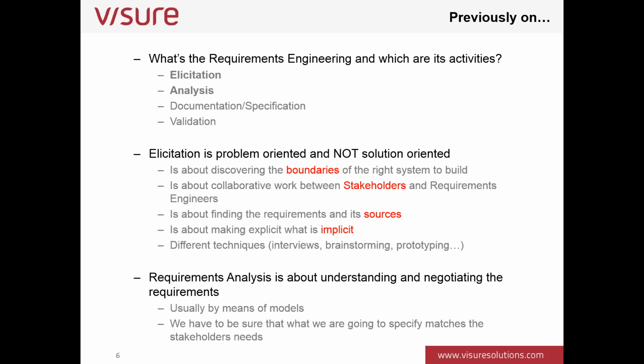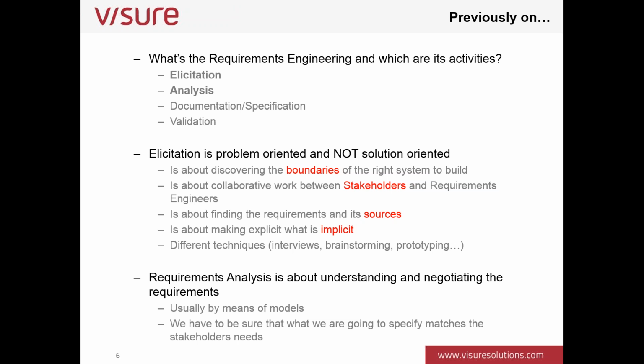Then the specification, on which we are going to focus today, is about documenting the user needs and those constraints clearly and precisely, because as important as writing the requirement is understanding those requirements. And finally, the verification is the process of ensuring that the system requirements are complete, correct, consistent, and clear, that basically match what the user is asking for.